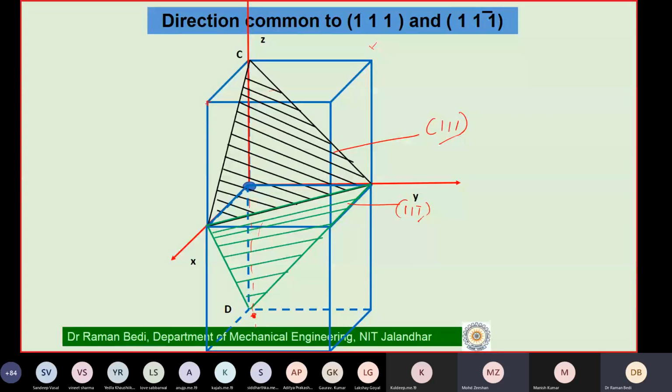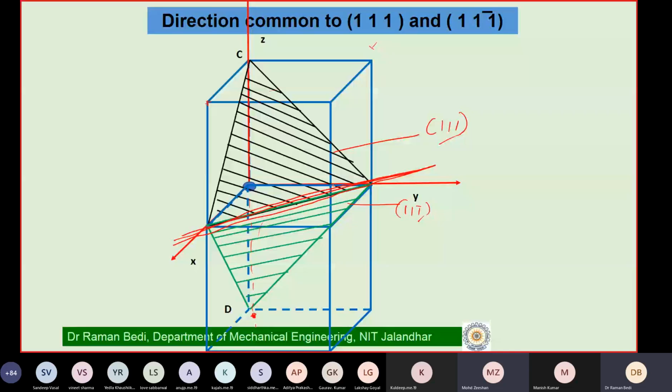This is the common direction. This direction happens to be the common direction. Am I right? Yes, sir. Okay.